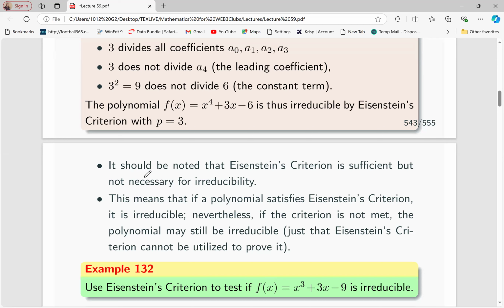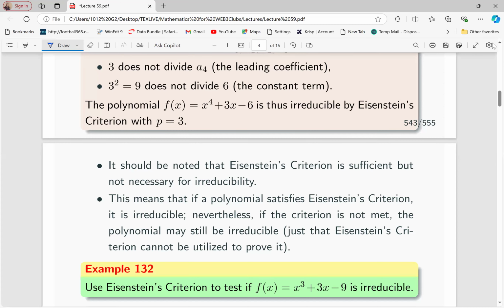So if you find that it's irreducible, you may want to carry out other tests just to verify that it's indeed irreducible. If the polynomial satisfies this criterion, it's irreducible. Nevertheless, if the criterion is not met, then the polynomial may still be irreducible, and so on.